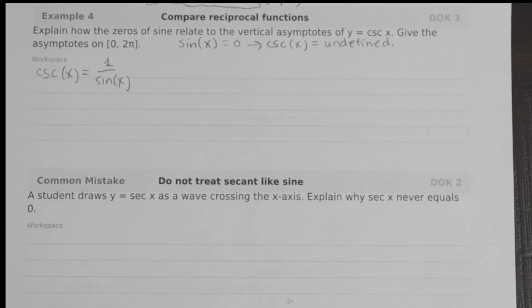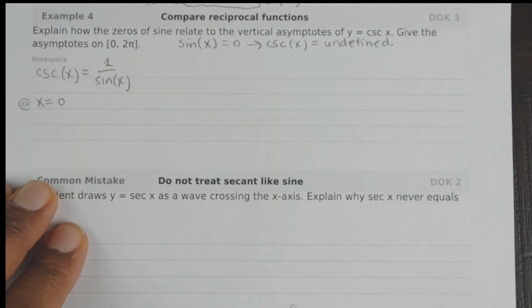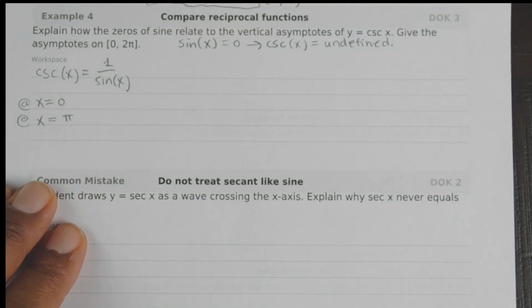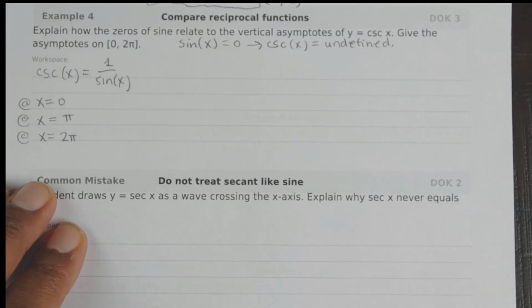Now, on that, sine equals 0 at x equals 0, then again at x equals pi, and then again at x equals 2 pi.